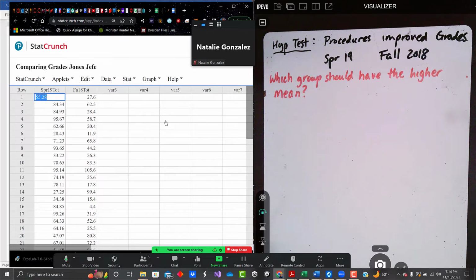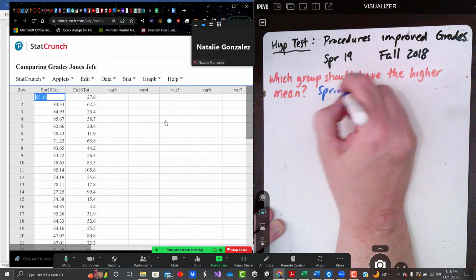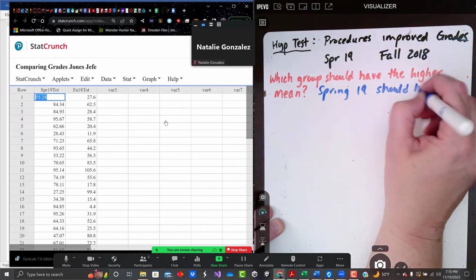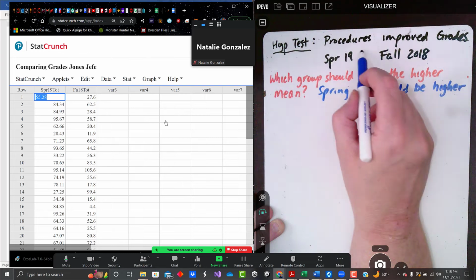Spring 19 was the first time I did no math that first week of school. Which group should have the higher GPA? Or not GPA, but final grades? Anybody? Spring 19, yeah. If it worked, spring 19 should be higher. Or greater than.